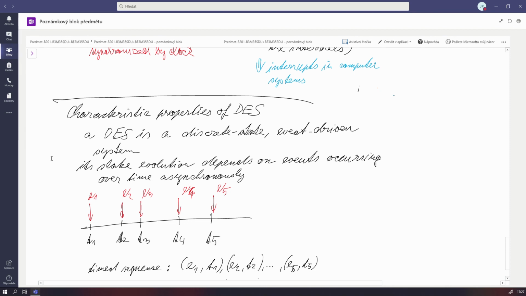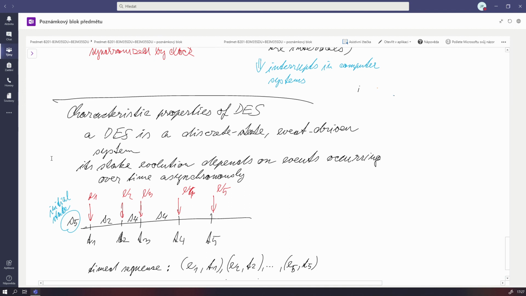So we start from an initial state, let's say S5, and then we have a state change to, let's say, S2, S4, no state change with E3, so we remained at S4.